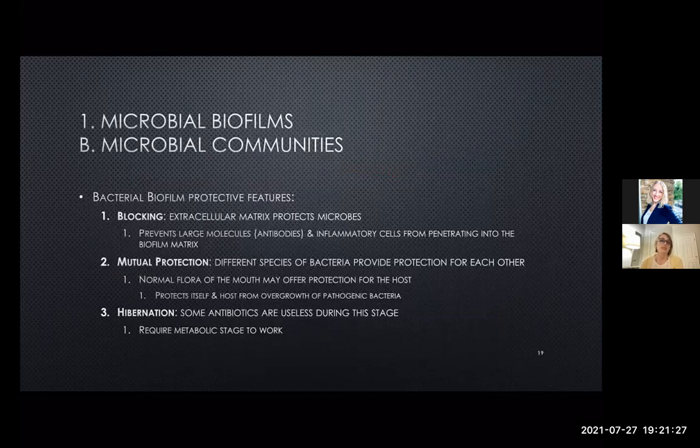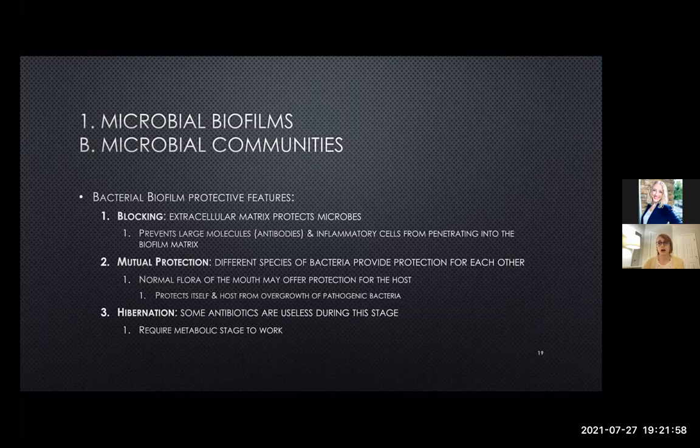So there are 3 protective features of biofilm. First, we have blocking. This basically prevents large molecules like antibodies or immunoglobulins from penetrating into the biofilm matrix. So they kind of just shut out everything that our host response is trying to do in order to protect ourselves from the bacteria. Mutual protection.